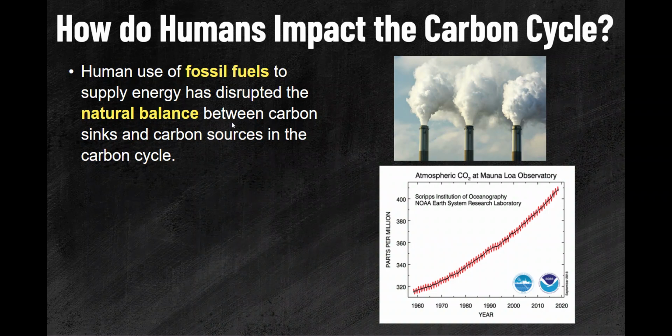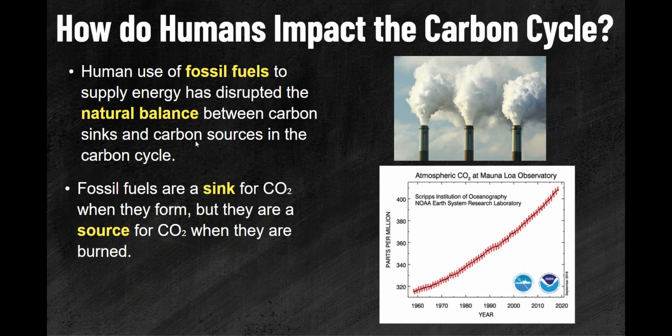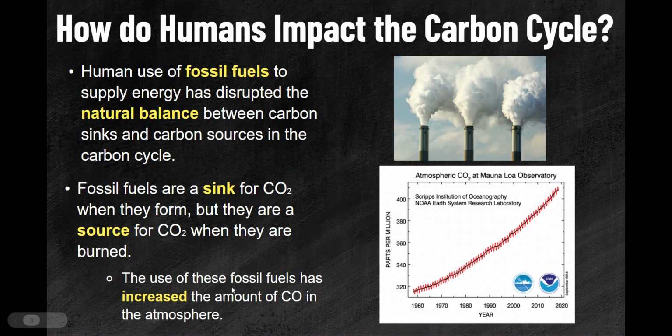Fossil fuels are a sink for CO2 when they form. They store carbon, but they become a source for CO2 when they get burned. And the use of these fossil fuels is increasing the amount of CO2 in the atmosphere.